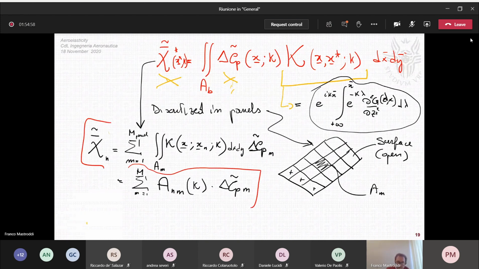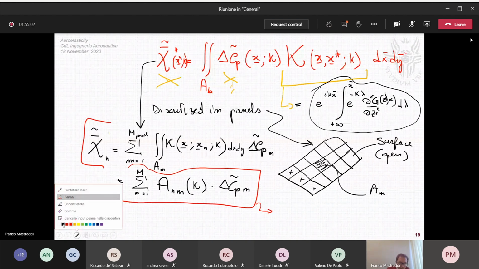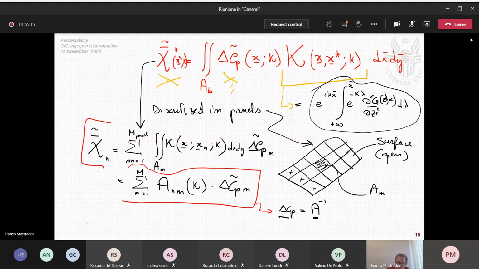And therefore, we have that the delta Cp vector is equal to the matrix A to the power minus 1 applied to the normal wash vector.